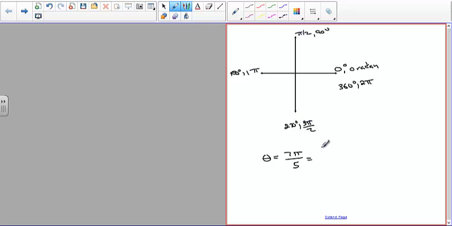If we take 7 and divide by 5, we get 1.4. So 1.4 pi is between 1 pi and 1.5 pi. So this one is going to be in the third quadrant.